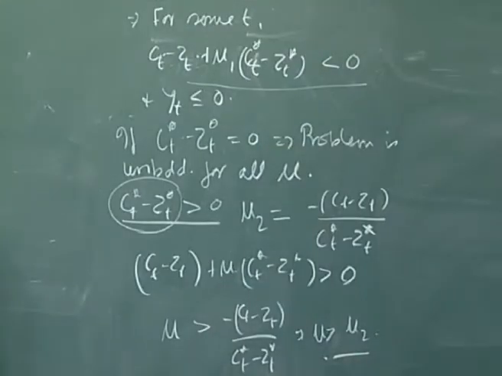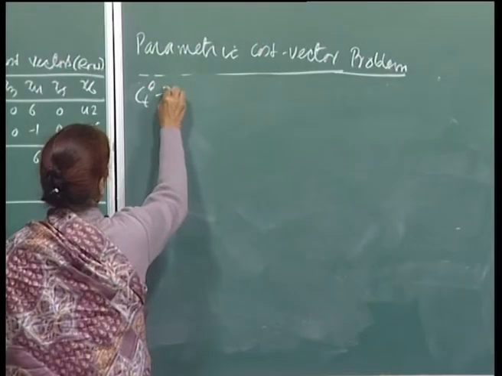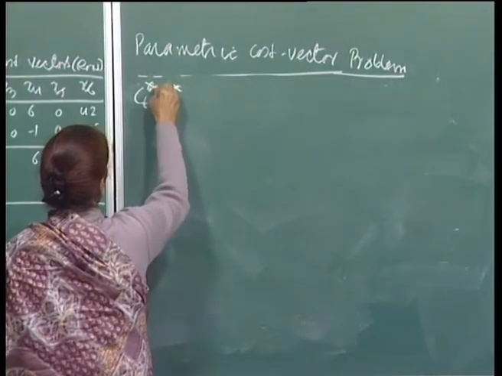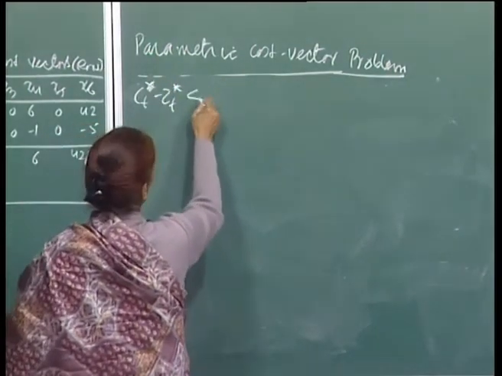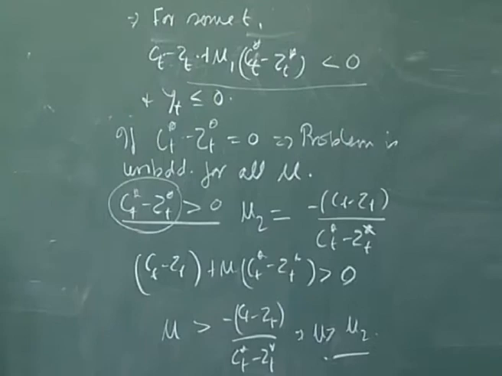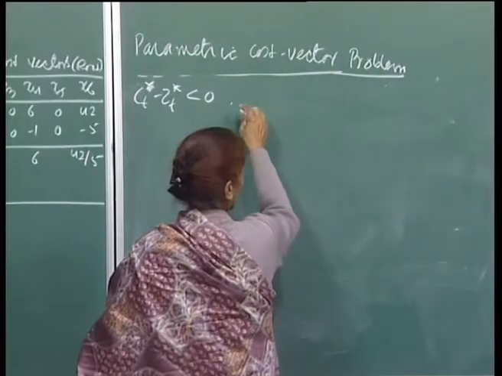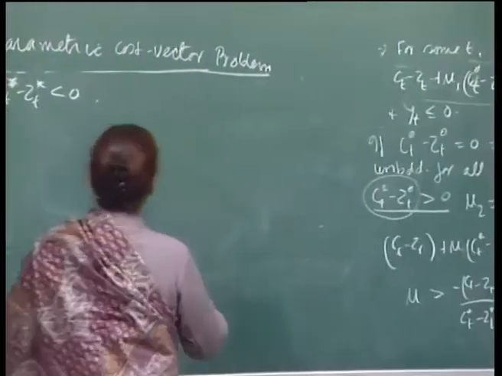So let me record it so that one can read it and look at it. Similarly for Ct star minus Zt star less than 0, what did we say for mu?